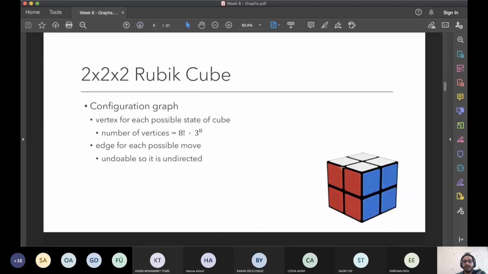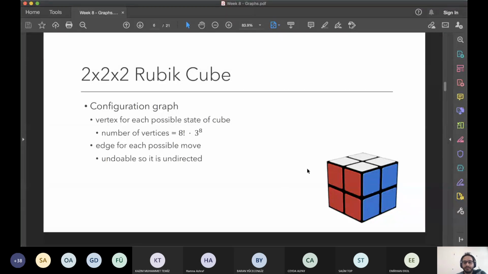Okay, guys. So here is an example, the 2 times 2 times 2 Rubik's cube. We can generate a configuration graph of this Rubik's cube. For each state, we can have a node in our graph, naming the move, for example rotating this first part clockwise or counterclockwise.